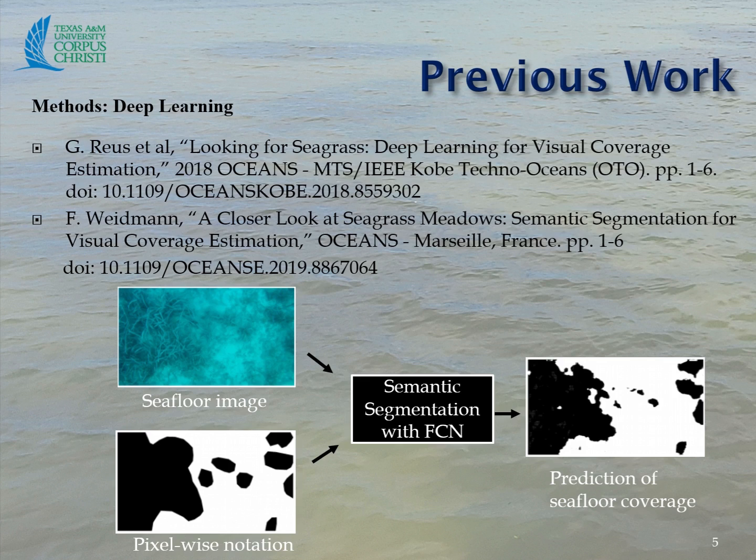Their results demonstrate that the convolutional neural network outperforms traditional methods, whereas Weidman uses various deep learning networks such as the fully convolutional network to get a prediction of the seafloor coverage of seagrass. In our work, we investigate the performance of residual networks, in particular with transfer learning. Both cited works investigate seagrass cover and geographic area, whereas we investigate individual seagrass blades.